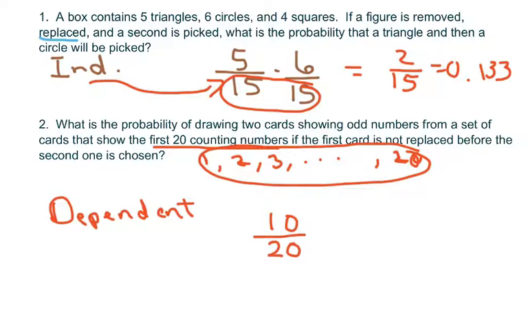Now we don't replace the card, so we only have 19 left, and we only have 9 odds left. And you multiply that across, and you get 9 over 38. That's the exact solution. Approximate would be 0.237.